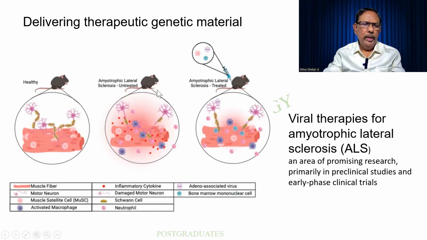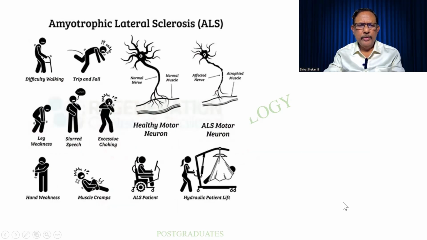Whereas in untreated cases, there can be inflammation, damage, Schwann cell proliferation, and the neutrophilic infiltration. Whereas in this case, they are introducing the virus, it is being treated, adeno-associated virus, as well as the bone marrow stem cell. So these are the various methods of treatment, but please do remember it is in the clinical stage.